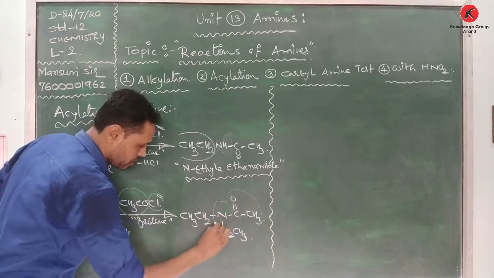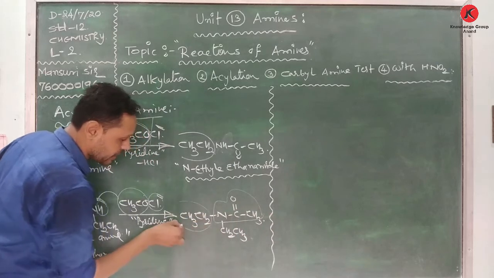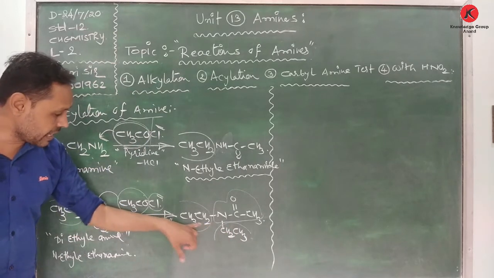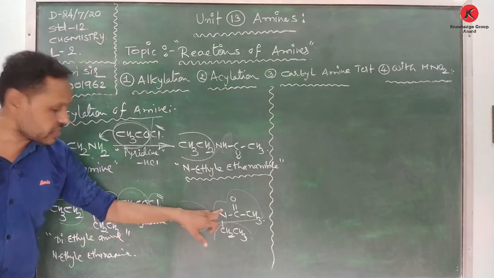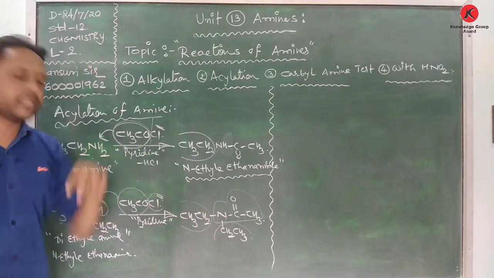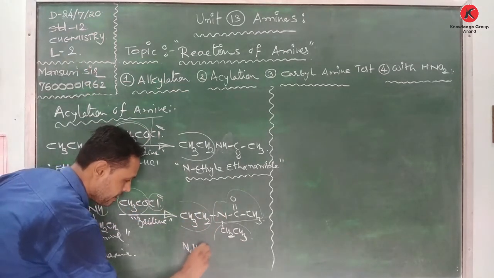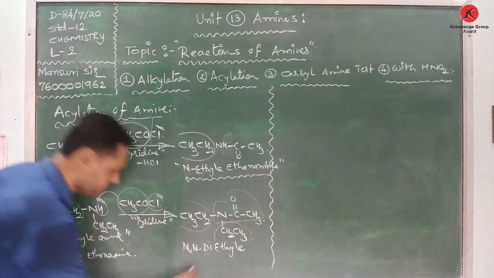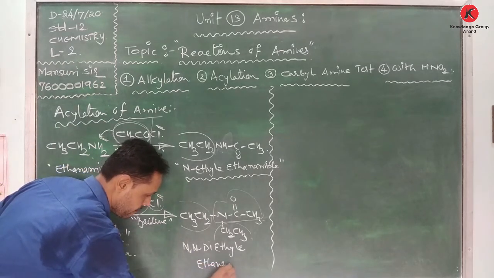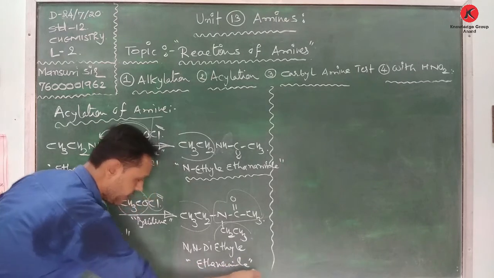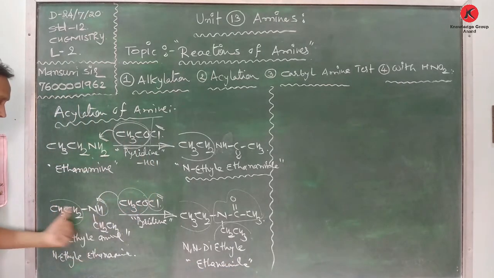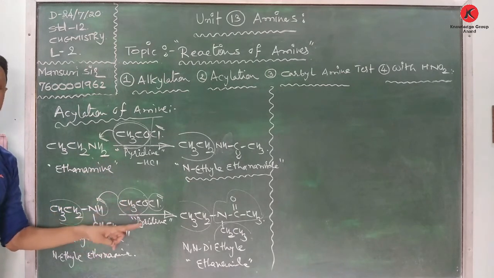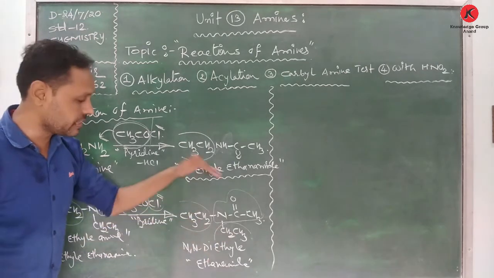Ethyl is attached with nitrogen, ethyl is attached with nitrogen, that is why N,N-diethyl ethanamide. So when diethylamine reacts with acetyl chloride in presence of strong base like pyridine, N,N-diethyl ethanamide is obtained.